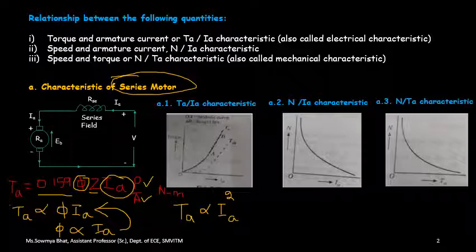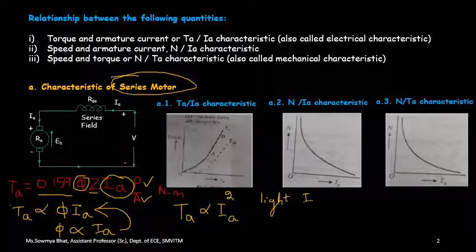It depends upon the load now. If I consider lighter loads, or heavier loads, what happens to the armature current and the flux, and how does it affect the armature torque? Suppose I am considering lighter loads, which means the load is decreased.